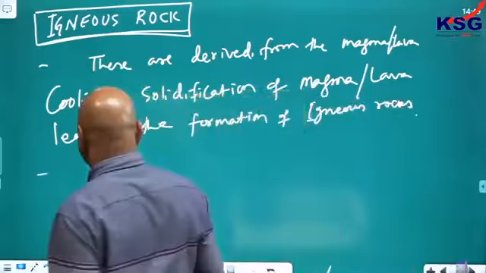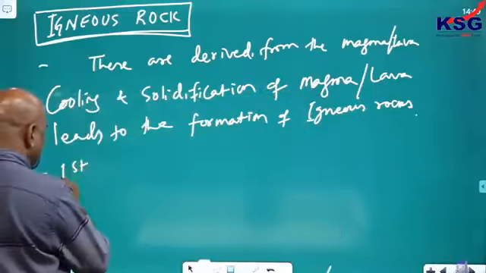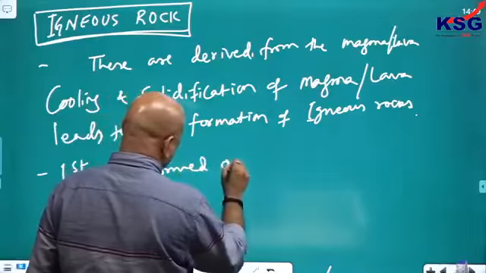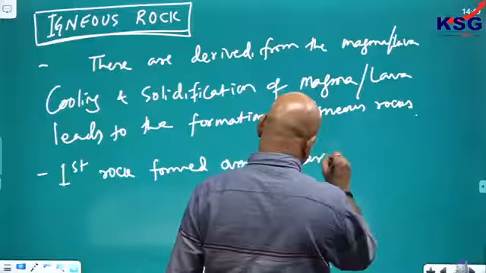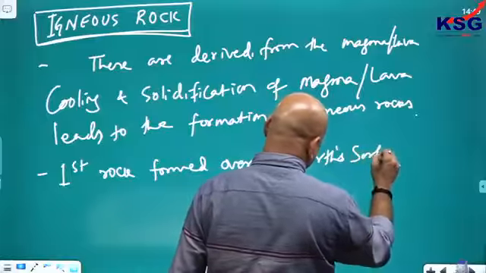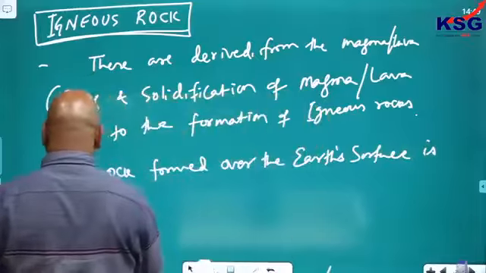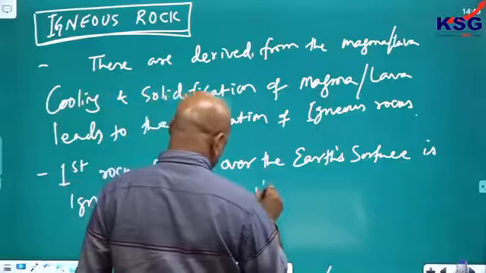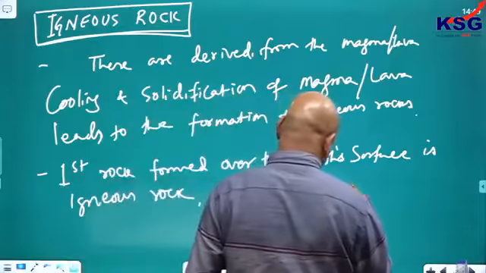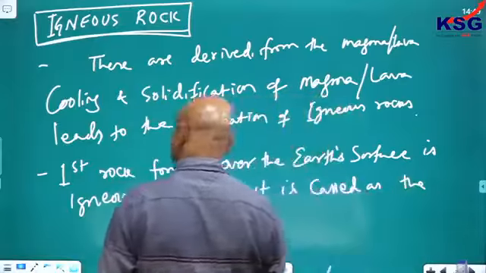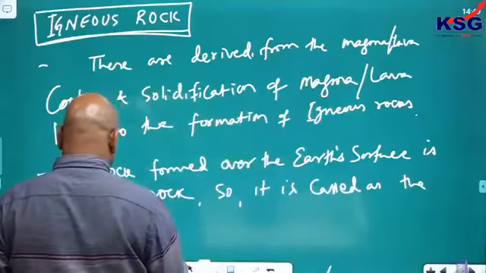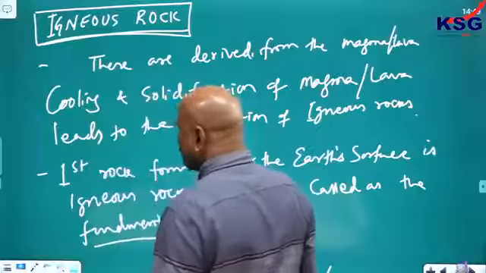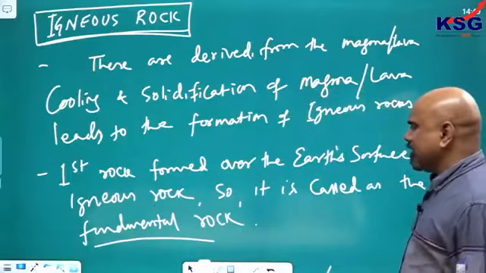So that is why the first rock formed over the earth's surface is igneous rock.